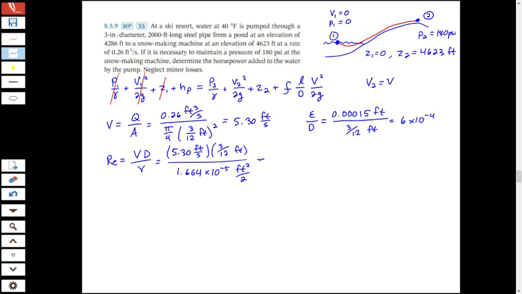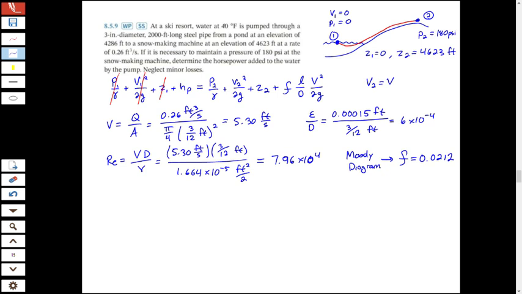Calculate, you will get 7.96 times 10 to the 4th for a Reynolds number. So then from the Moody diagram or the Moody chart, with the roughness and with the Reynolds number, you will get a friction factor of 0.0212. All right, so we have that.